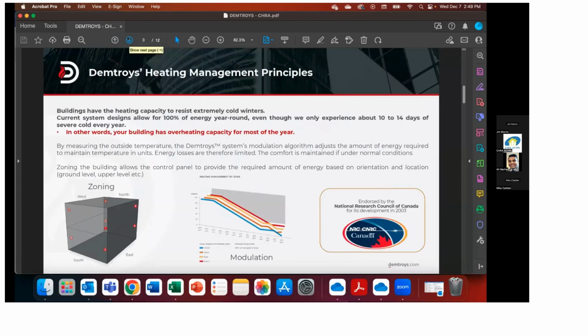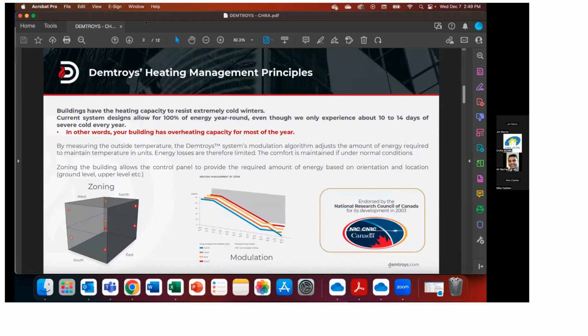So I'm not going to read this slide. I will have the presentation available for distribution after the fact. But essentially what this slide is saying is that right now, and very specifically in public housing, we typically allow 100% of energy usage for heating and cooling, if cooling is an option, all of the time, right?